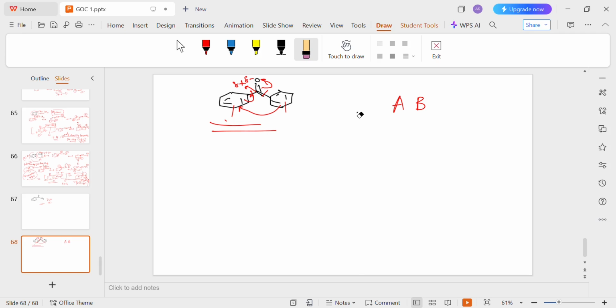A is in resonance with B and C is also in resonance with B, but A is not in resonance with C. If this is A, this is C, and this is B, A is in resonance with B, C is in resonance with B, but A and C are not in resonance with each other. When you get this combination, you call the conjugation cross conjugation.